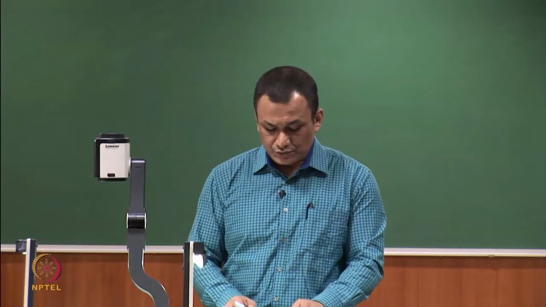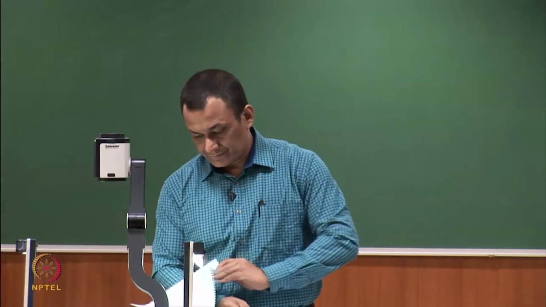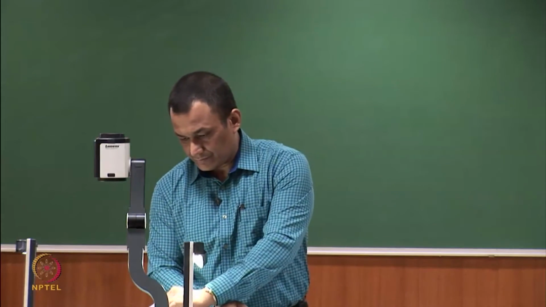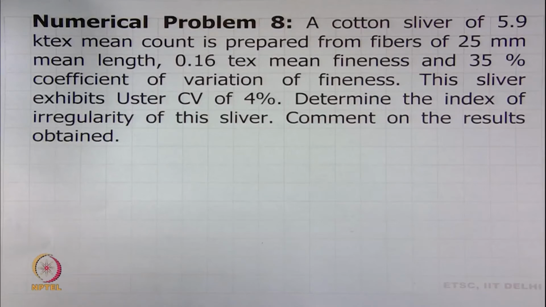Now, we proceed to problem number 8. This is problem number 8. A cotton sliver of 5.9 ktex mean count is prepared from fibers of 25 millimeter mean length, 0.16 ktex mean fineness and 35% coefficient of variation of fineness.